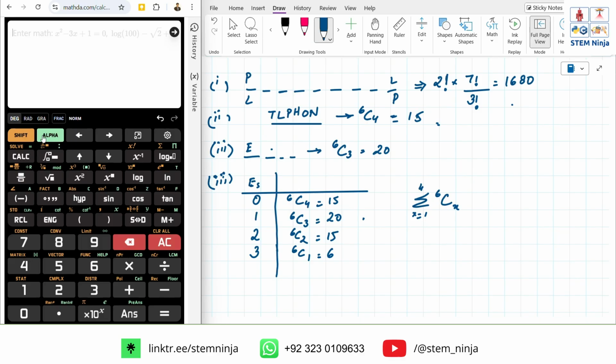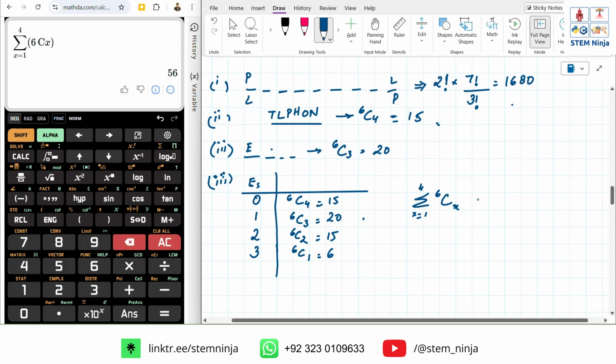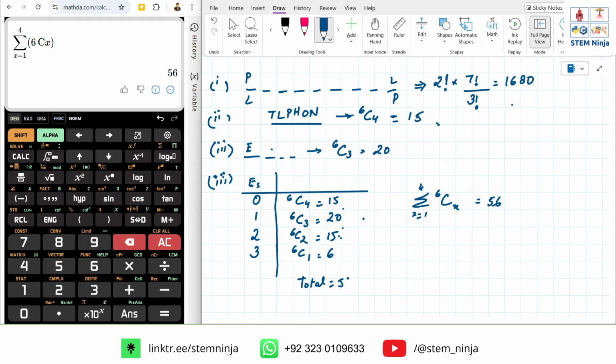So how you can actually do that, you will have something on your calculator like this also. Upper limit is 4, lower limit is 1, and the function is 6Cx, 56. And basically if you add these up, so 15 plus 15, 30, 30 plus 20, 50, plus 6. This is also 56.